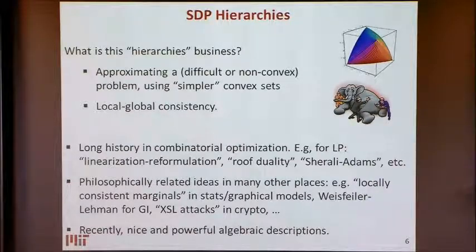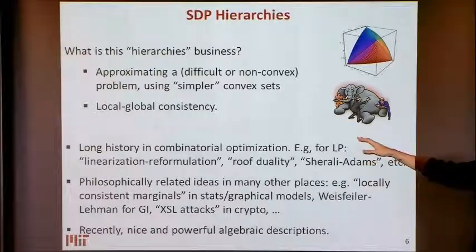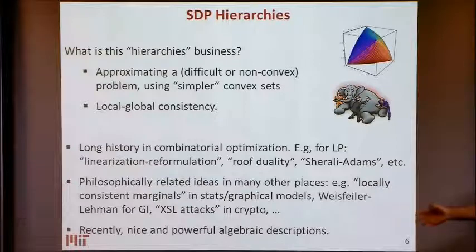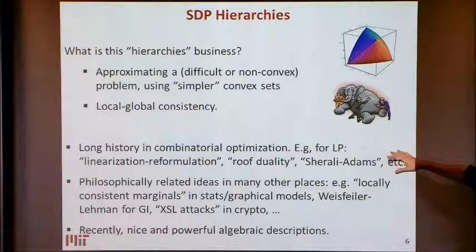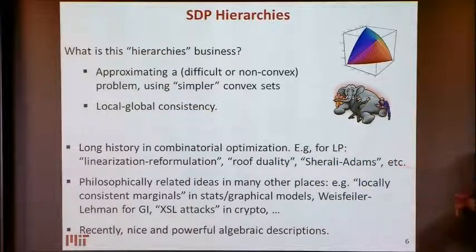In particular, in optimization, we've been doing this for 50 years or something in different versions. Of course, now we have a much more sophisticated way, hopefully, of thinking about these things. But for instance, when this idea of approximating convex sets using linear programs of a particular type, people have used things called linearization reformulation, roof duality, Sherali-Adams relaxations all the time, and those produce polyhedral approximations of convex sets that have nice properties.